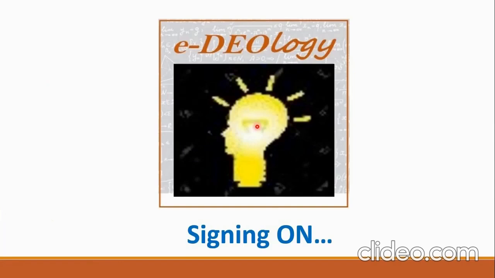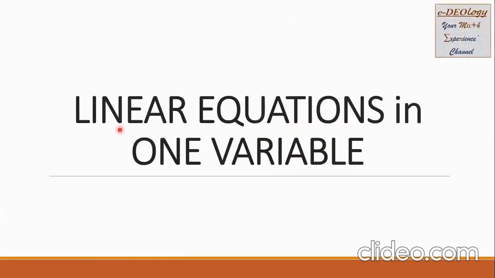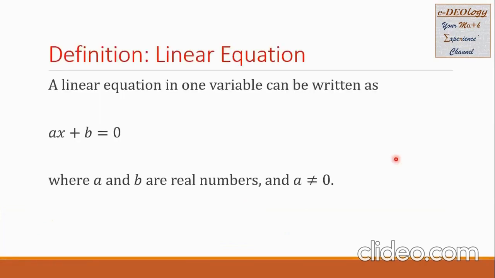Hi everyone. Today we're going to study linear equations in one variable. Let us define linear equation. A linear equation in one variable can be written as ax plus b equals 0, where a and b are real numbers and a is not equal to 0.